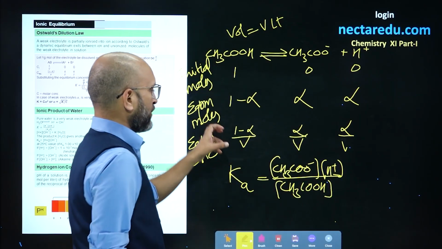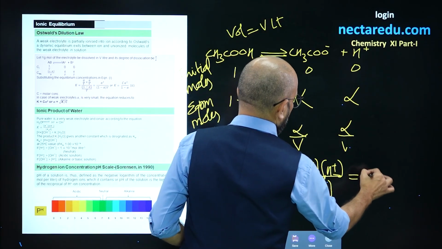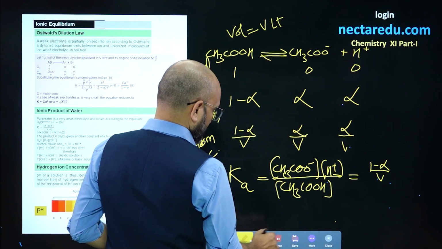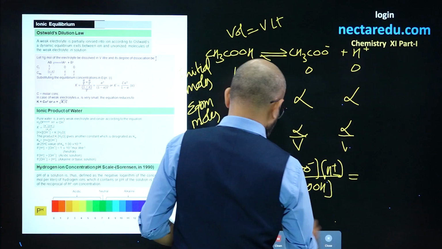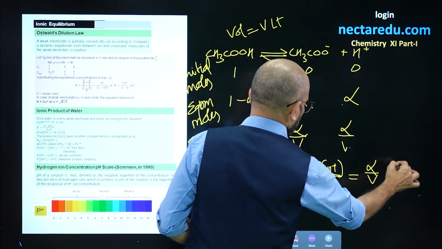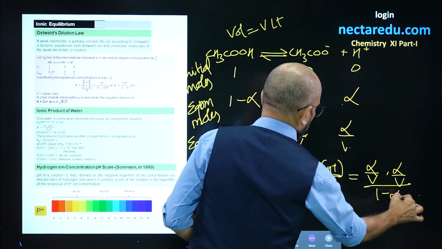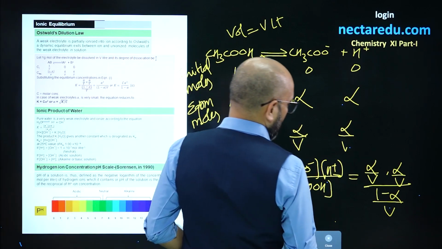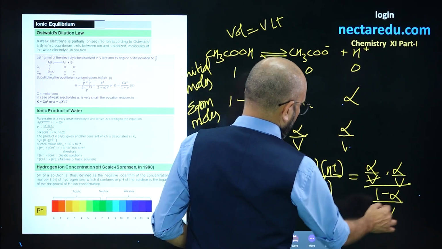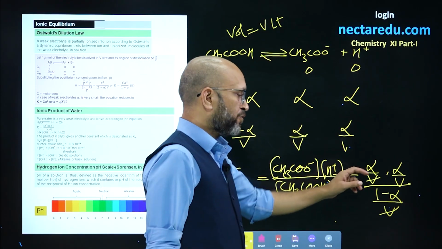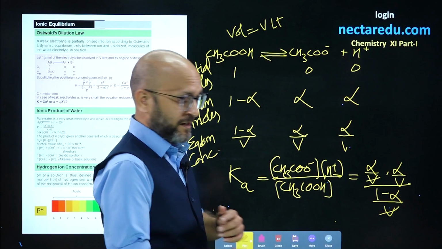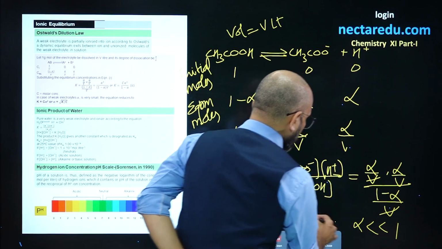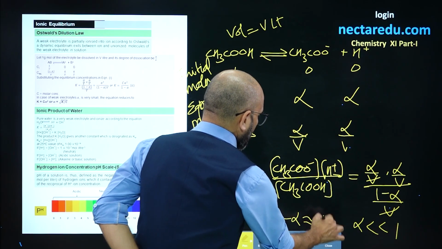If I put the values we have got here, you get alpha by V into alpha by V upon 1 minus alpha upon V. That is the expression we get. You can cancel out V and V, and 1 minus alpha could be taken as 1, because alpha is very very small, so 1 minus alpha is nearly equal to 1.